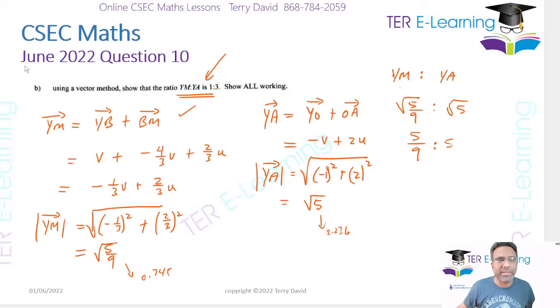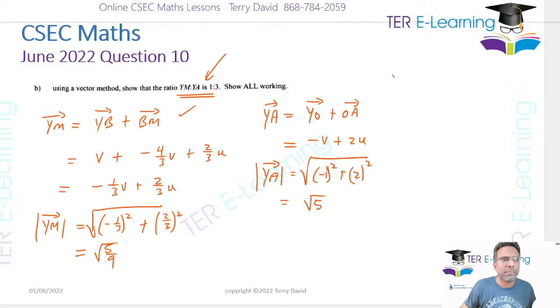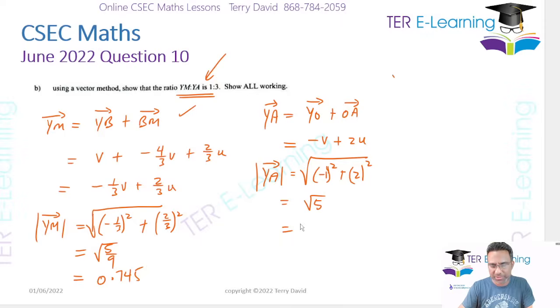I'm going to work it in terms of decimals, because it works out that way. I'm just going to work out this exact value for you all. So 5 divided by 9, second function square root, and what I'm getting for this length is 0.745. For this one here, square root of 5, I'm getting 2.236.